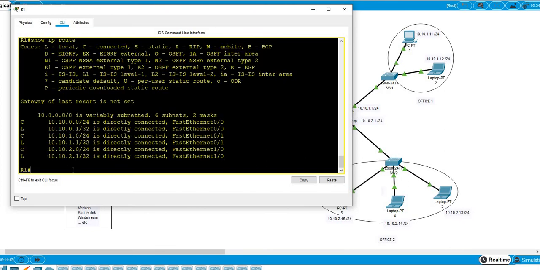As you can see, router 1 is locally connected to the 10.10.2.1 network.